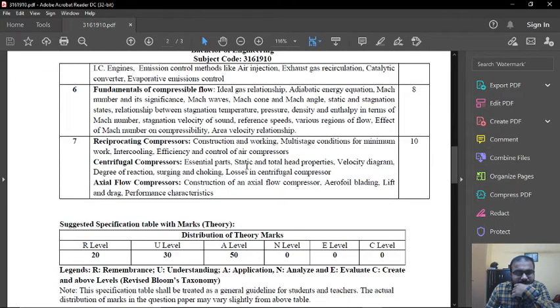So the next topic, we are first taking losses in the centrifugal compressor and then we will discuss surging and choking.